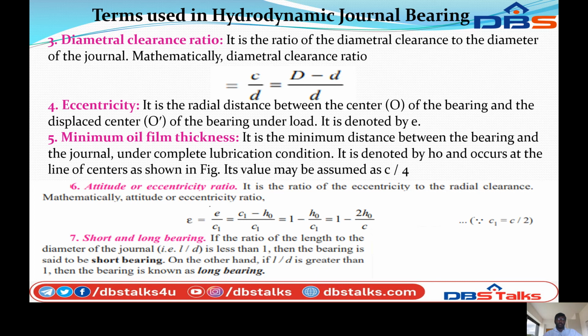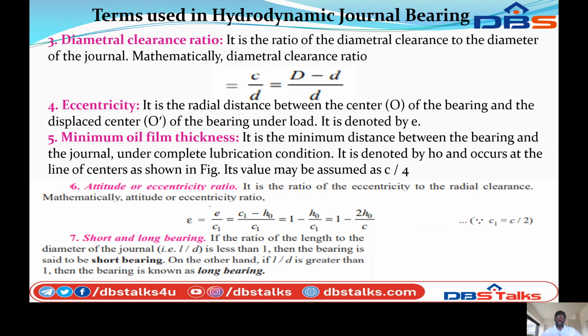So for short and long bearings, if the ratio L by D is less than 1, it is a short bearing, and if L by D is greater than 1, it is a long bearing.